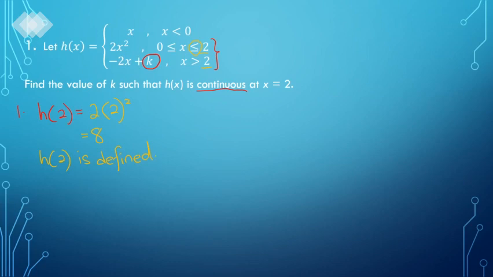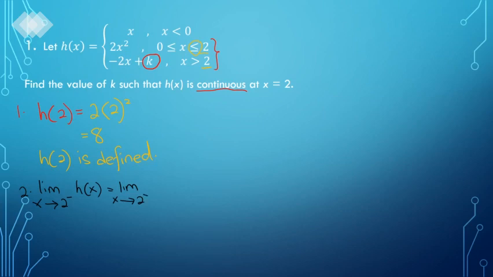Condition number 2. Limit as x approaches 2 from the left hand side of h(x). So we know the function. So limit as x approaches 2, which one from the left?